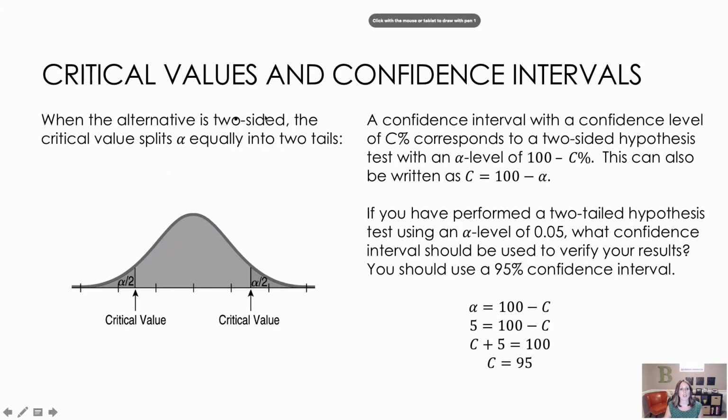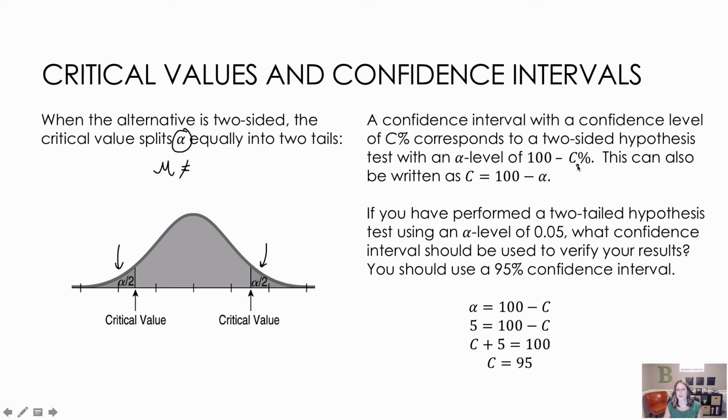Now, if I'm using a two-sided test, which means my alternative hypothesis was that the mean was not equal to whatever my proposed value was, notice that should match up pretty well with the two-sided confidence interval, and alpha is being split between each of the two sides.